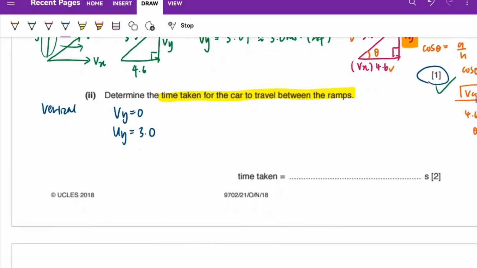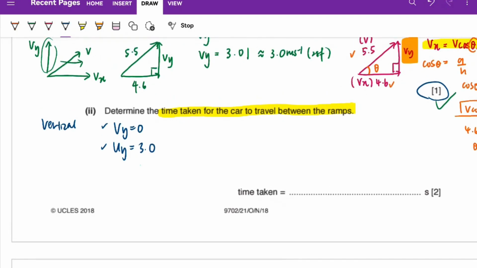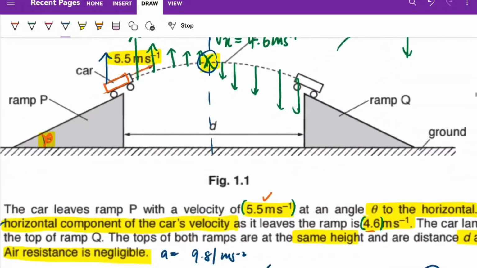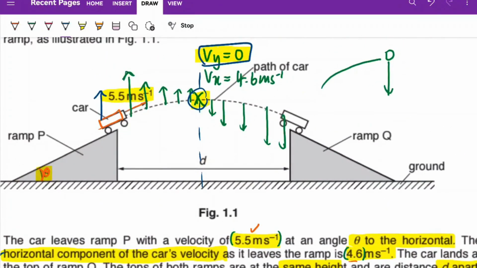So we know the final, we know the initial. So now, what can we do with this information? Nothing much. So how we are going to solve this is, I've divided this into 2 sections. By finding the time from here to here, you just have to multiply by 2 to know the entire time. Why?